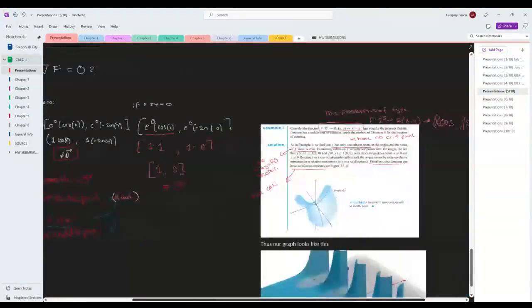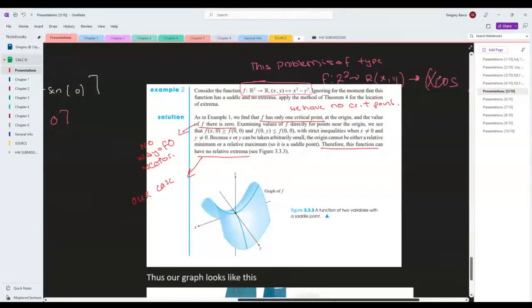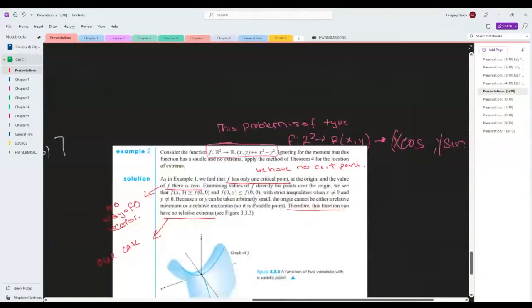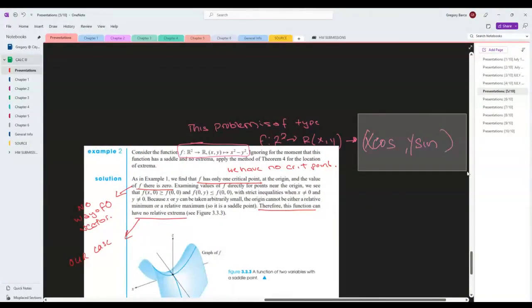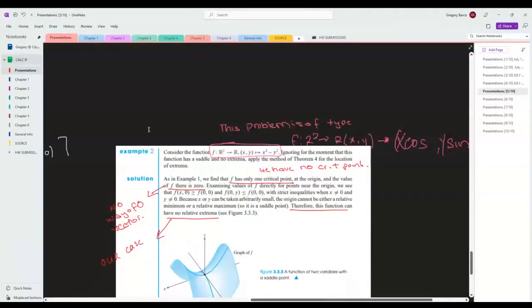And we can go back to the text and find an example of a question with the same kind of dimensions. So we have a function R2 mapping to R1 with inputs x and y, and we have our function of R1, which is the same thing as we have here, and x and y just coefficients where x would be the e to the x.